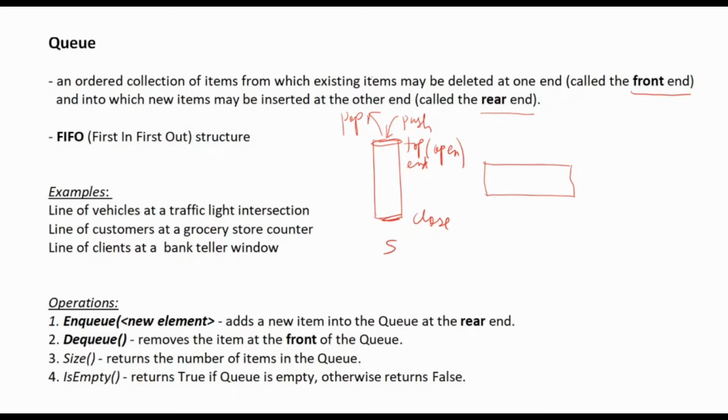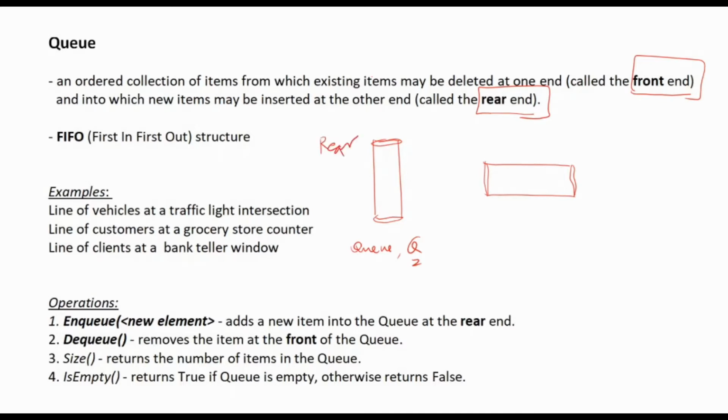Now for queue, take note that there are two open ends, the front end and the rear end. So if this structure now is a queue, say for example, this is a queue denoted as Q. So the two ends are open. Say this is the rear end, and this one here is the front end.